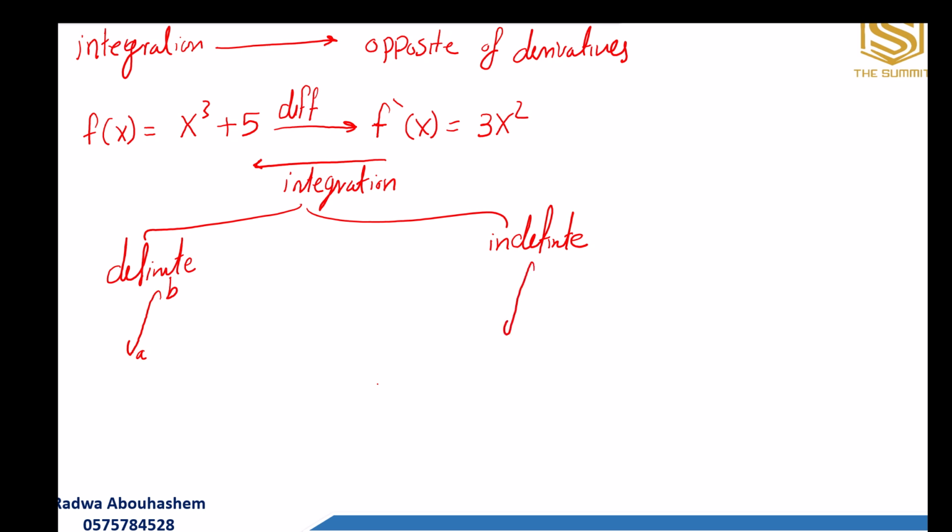There is no specific interval you're getting the integration over. For indefinite integration, you are just getting the original function, which means that your answer would be a function. But for definite integration, you are getting the area under the curve. Of course, area, the answer would be a number.